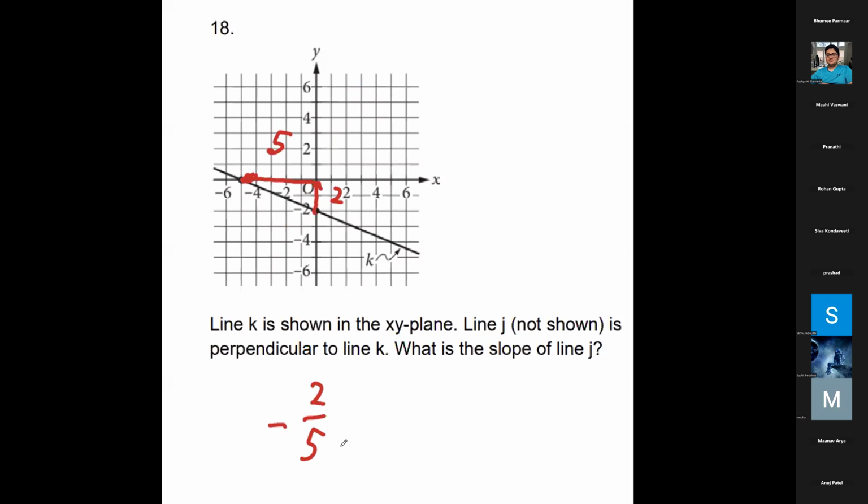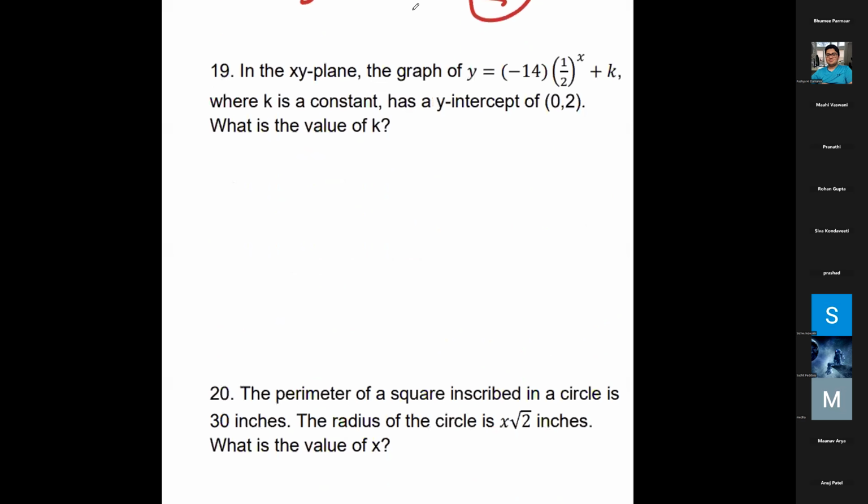Well, for perpendicular, you just swap the bottom and top of the fraction, and you also swap positive and negative. So the slope of line J would be positive 5 over 2, and that would be the correct answer. So the slope of line J is positive 5 over 2. Okay, question 19.